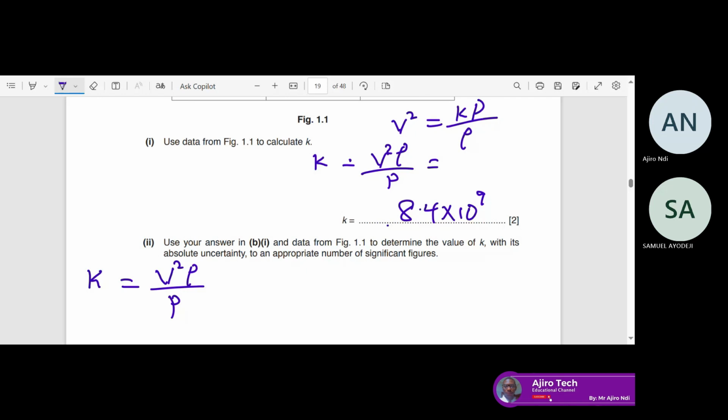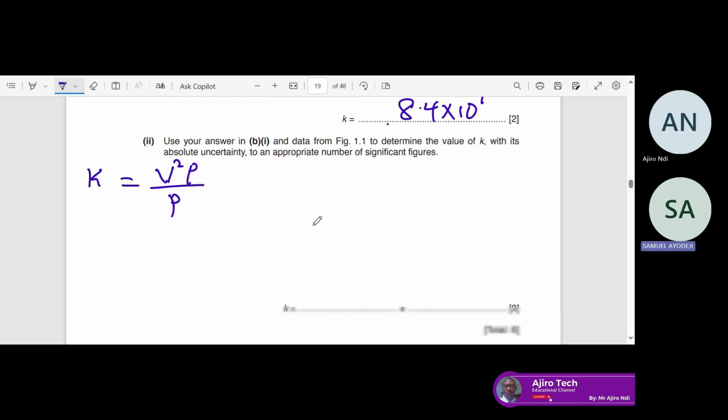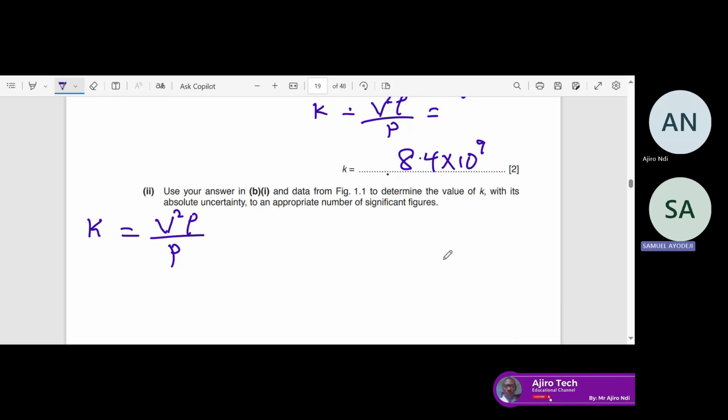Percentage uncertainty in K. So I said 12. Are you sure it's correct? Should I look into it and see? Yes, sir. Okay. I don't think so.